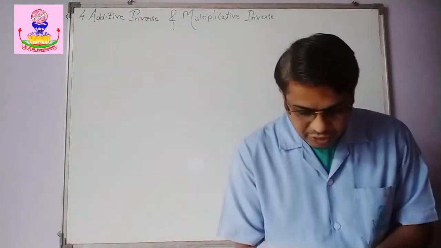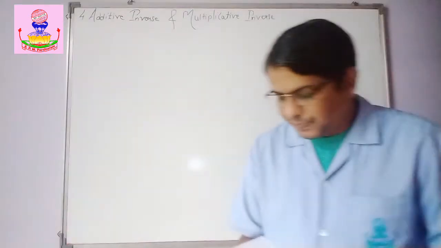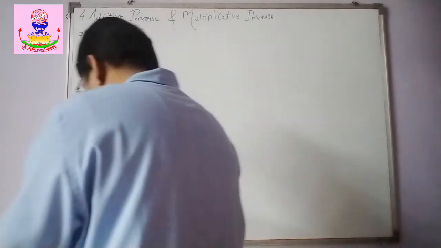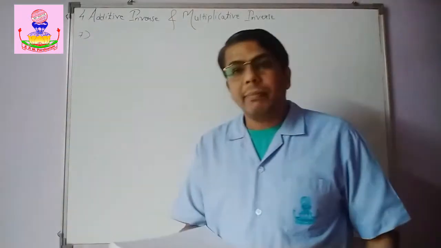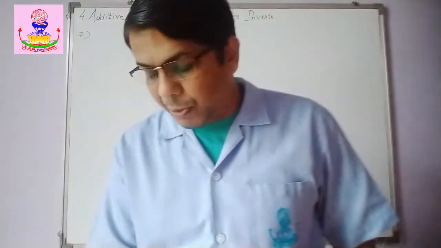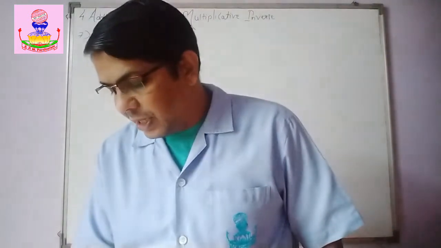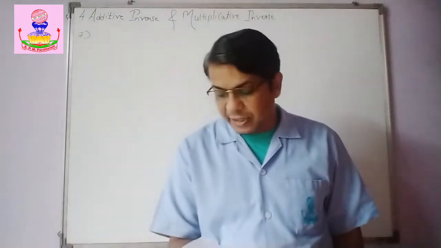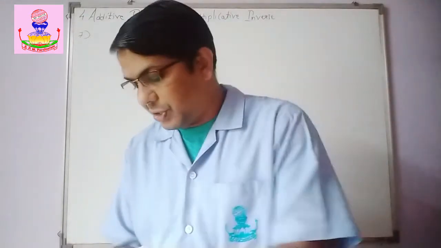So now I am going to solve the 7th one. The multiplicative inverse of 1 upon l plus k is minus 9. If k is equal to minus 5, then l is equal to how much?